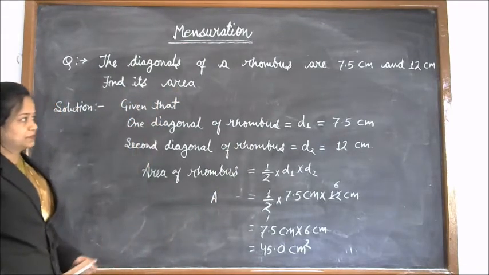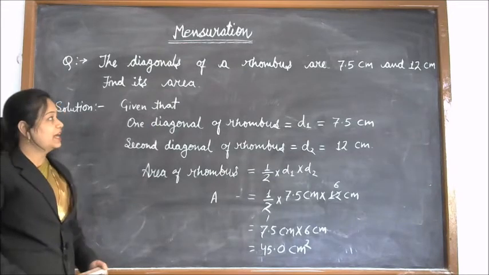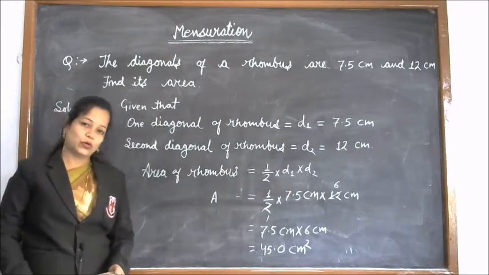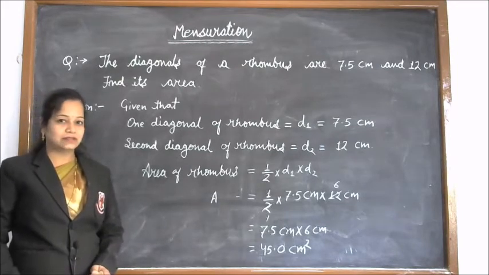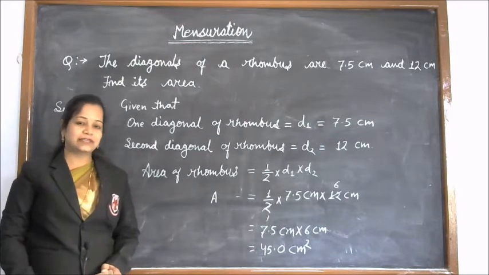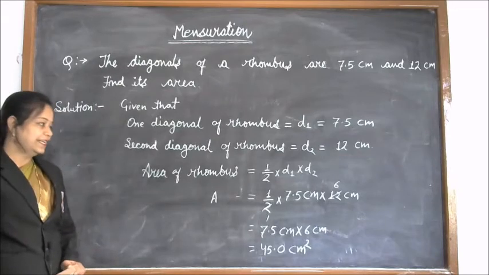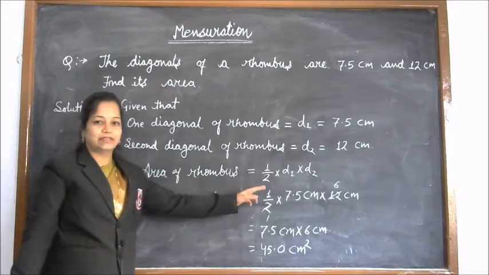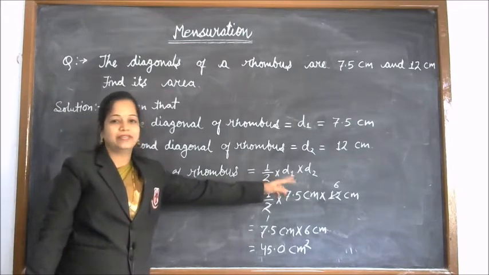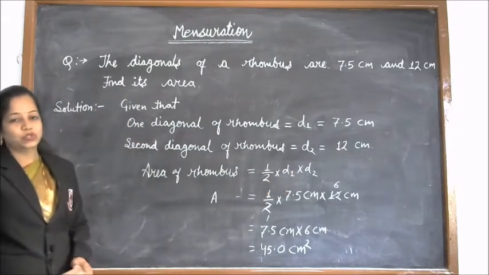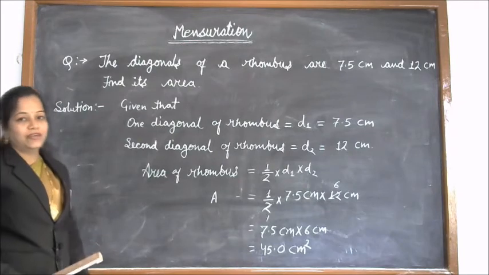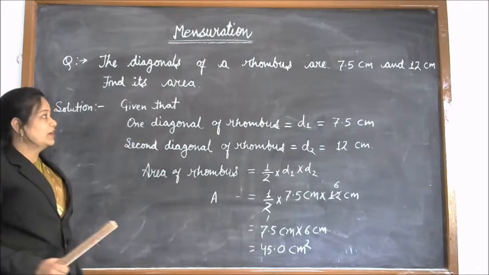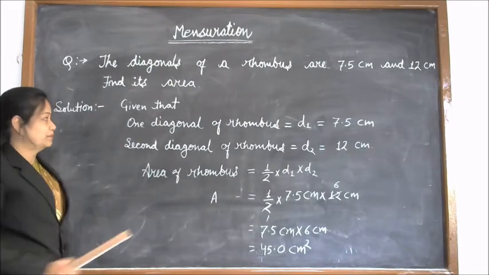So students, we have to calculate area of rhombus. What is the formula for area of rhombus? Remember, just recall. Yes, it is area of rhombus is equal to 1 by 2 into d1 into d2. So how can we solve this problem? First of all, we have to write what is given in the problem.